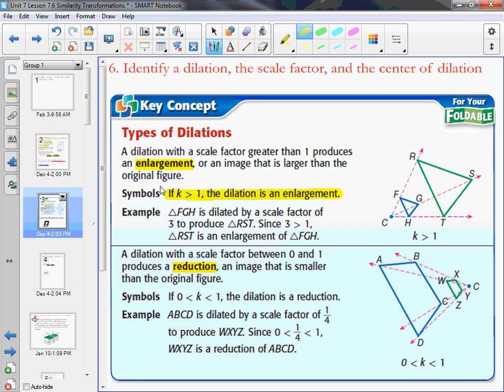If the scale factor is less than 1, it's a reduction. Now, technically speaking, there can be negative scale factors. I'm not ready to deal with those. What that does is flip the new figure to the opposite side of the center of dilation. So for the time being, we'll pretend the scale factor is always positive. If it's greater than 1, we have an enlargement. If the scale factor is less than 1, we have a reduction.